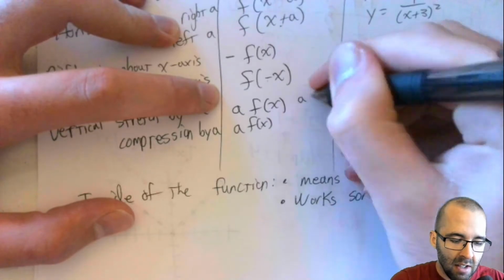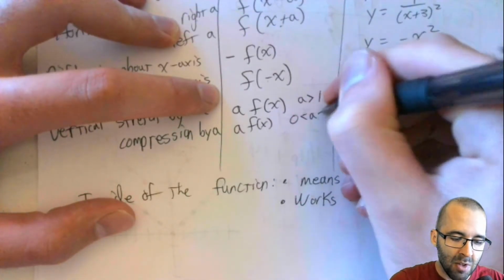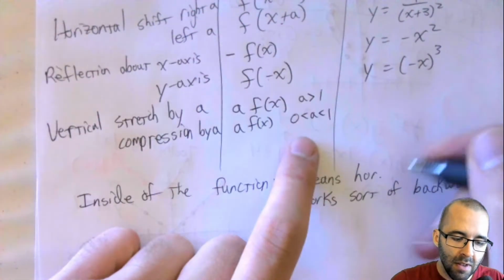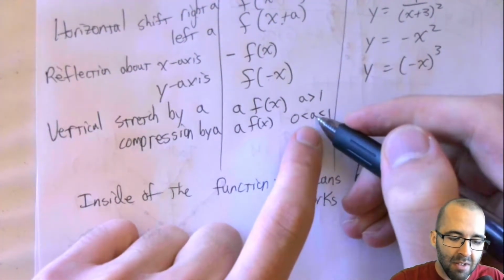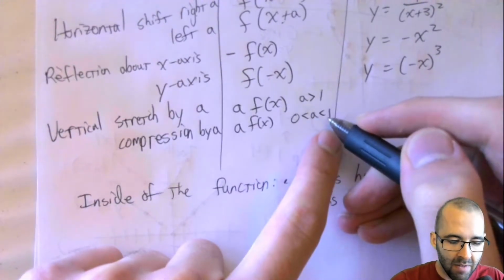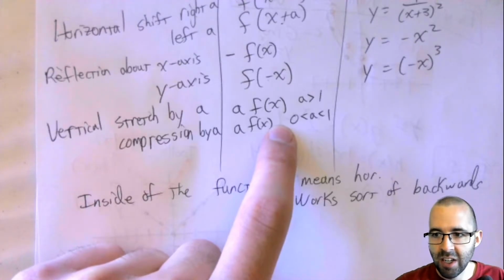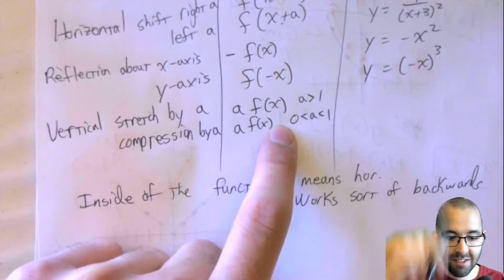Just here, A is going to be bigger than 1, and here A is going to be between 0 and 1. So compression by a half is a half down here, and a half is between 0 and 1. If it's negative, then you have compression or stretching and a reflection.